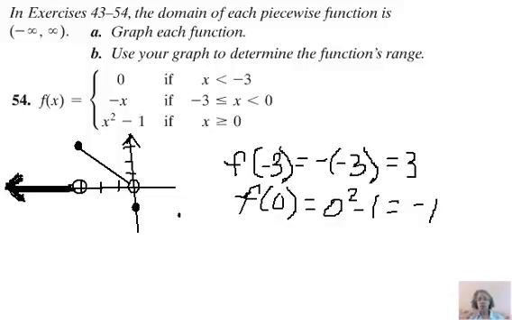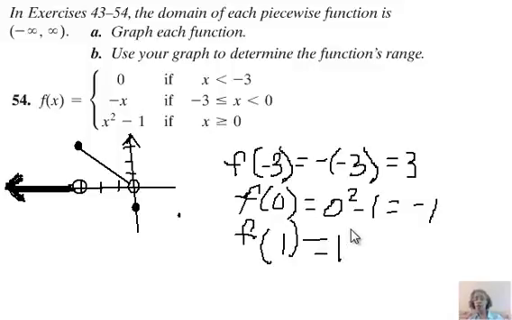And so notice, I know this is a parabola, and when x is 0, I'm actually at the vertex of the parabola. And so I just need to calculate one more value of the function that's bigger than 0. So here I calculated f of 0, and I need to use a value that's bigger than 0. Let's try x equal to 1.